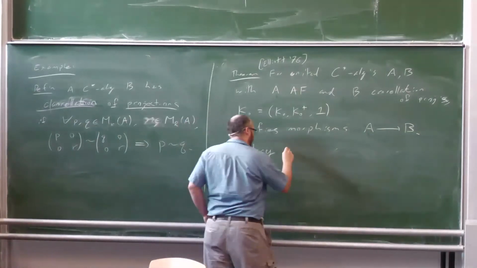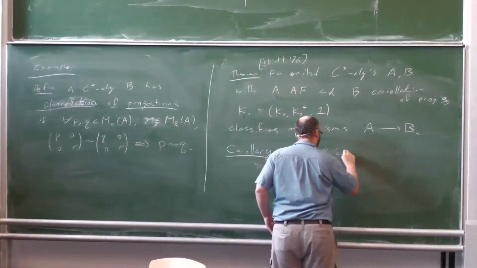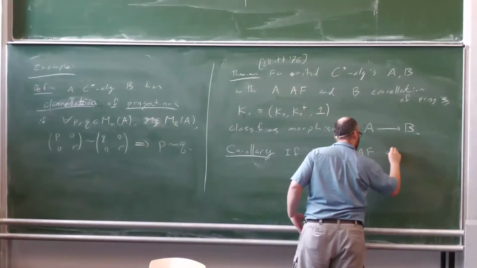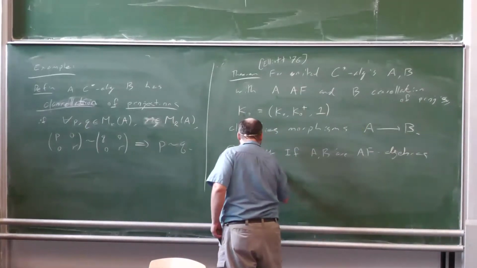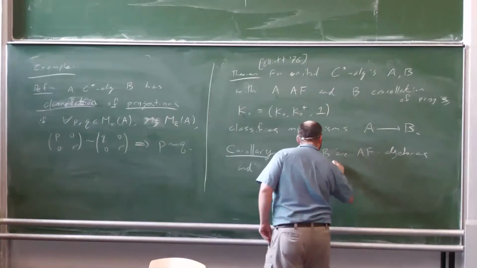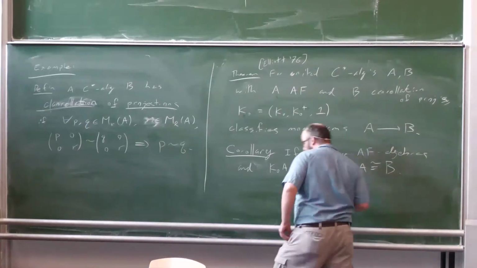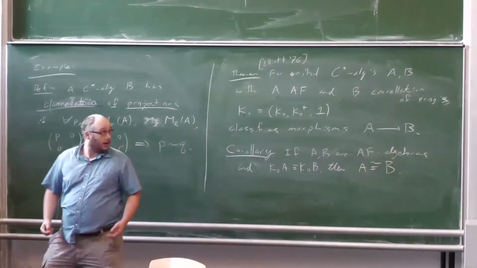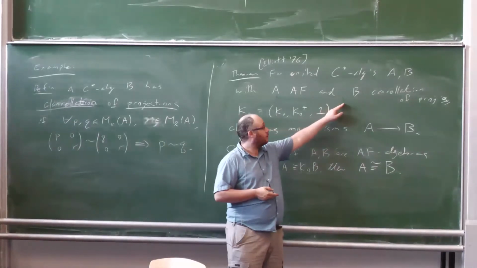not stated this way in Elliott's paper, but it's essentially there. And the corollary: if A and B are AF algebras, and K0 of A is isomorphic to K0 of B, then A is isomorphic to B. And what you end up showing is that AF algebras have cancellation of projections.